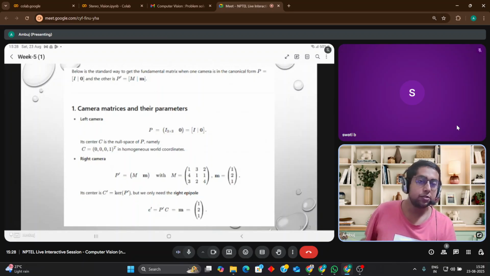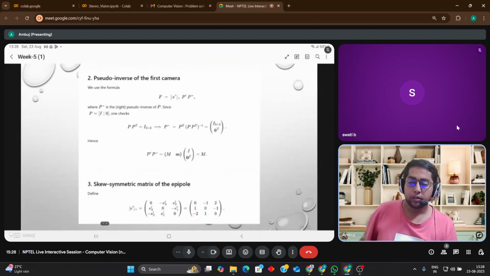M has been given to us. Now you compute the pseudo inverse of the first camera. The pseudo inverse of the first camera is such that P into P transpose inverse should be equal to the identity matrix. You compute this inverse, then compute the skew symmetric matrix of the epipole.